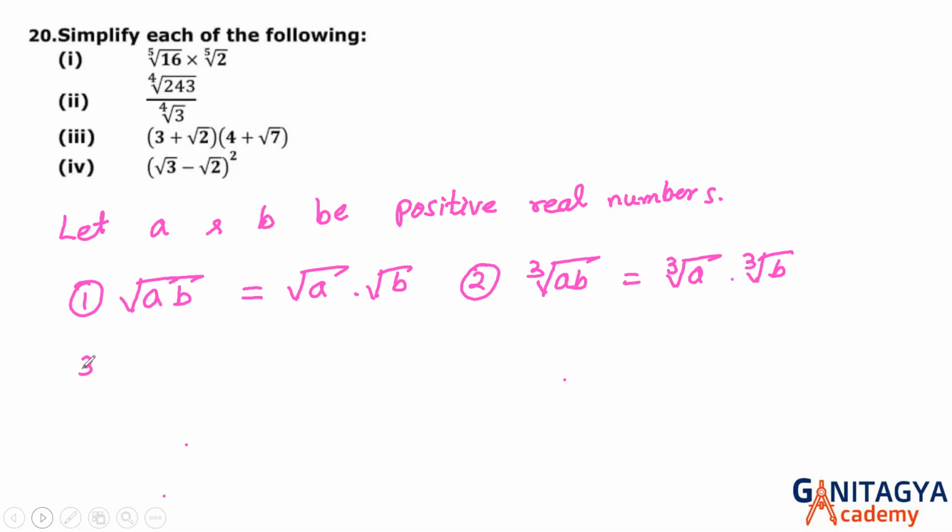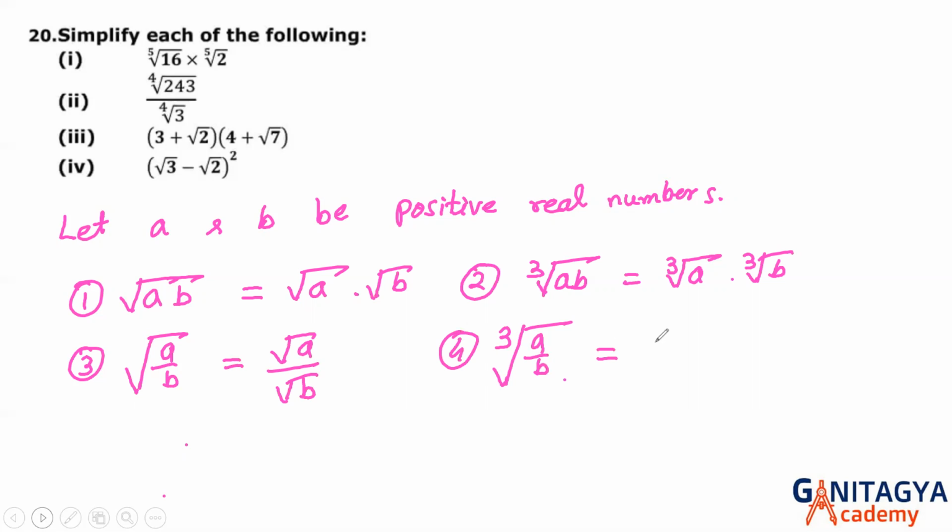Okay, property number 3: if it is a division, A upon B, then it will be under root A divided by under root B. Then 4, it is valid for any power, like if it is cube root, I can write the cube root in the same way. Very much clear.